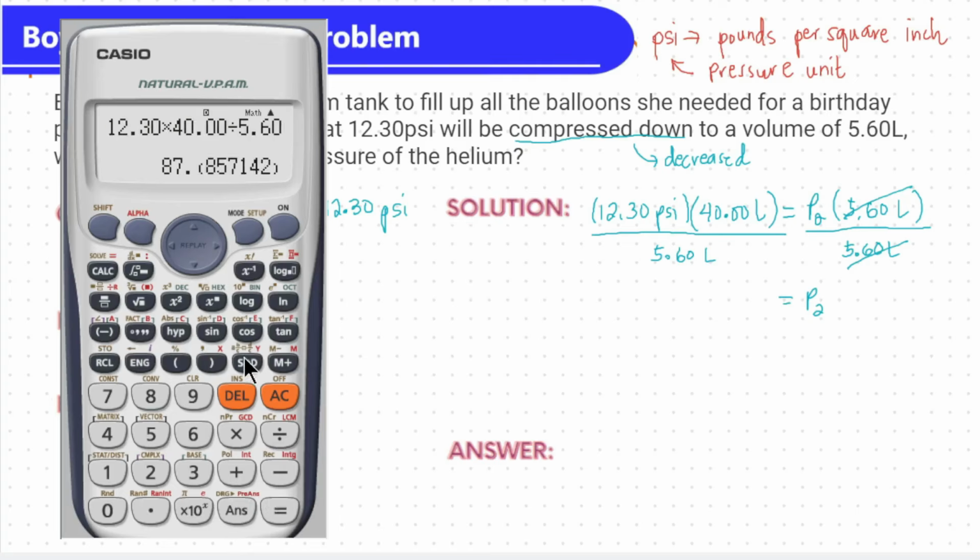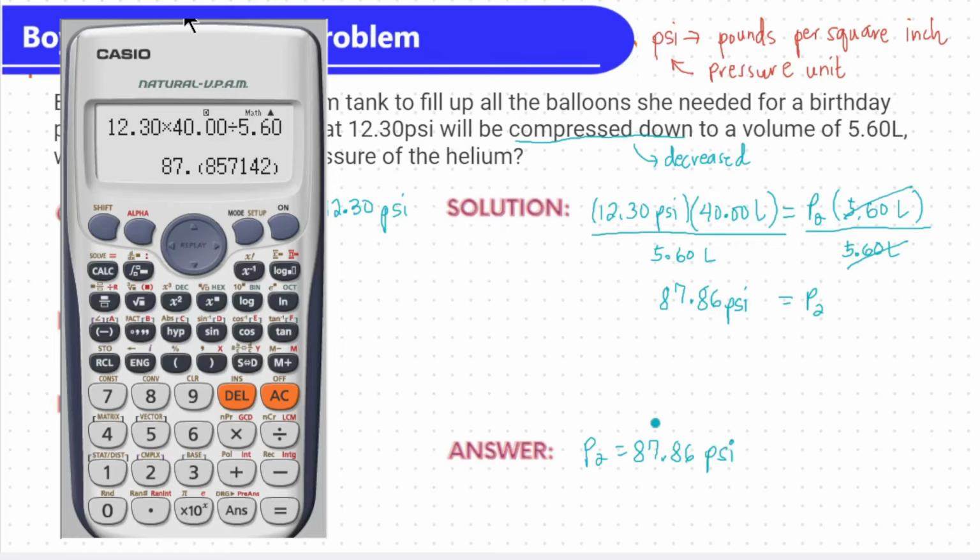We will be getting 87.86 PSI. Bakit PSI ang unit natin? Kasi ang pressure 1 unit natin ay PSI, so ang pressure 2 unit natin ay PSI din dapat. Students, don't forget the units kasi your answers are meaningless without the units.